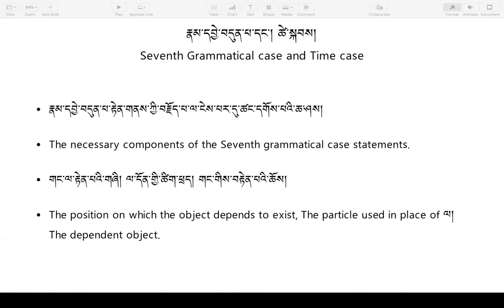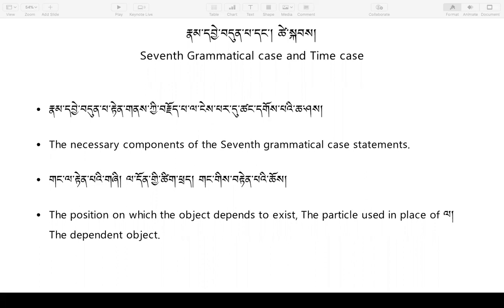Kangla tembishi, position. La dungi, particle used in place of la. Kangiten bichu, the dependent object. So this is what we understand as the necessary components of the seventh grammatical case statement.